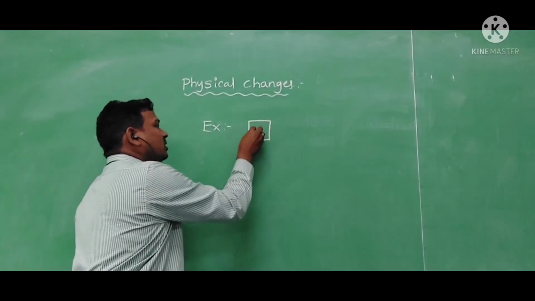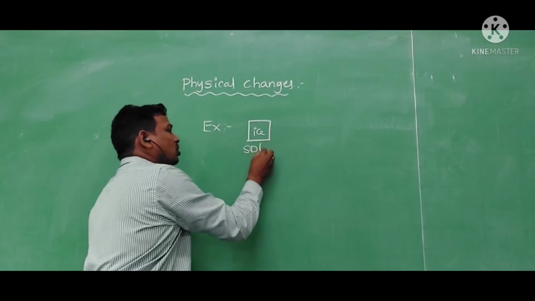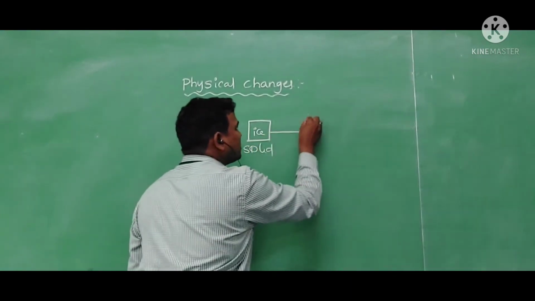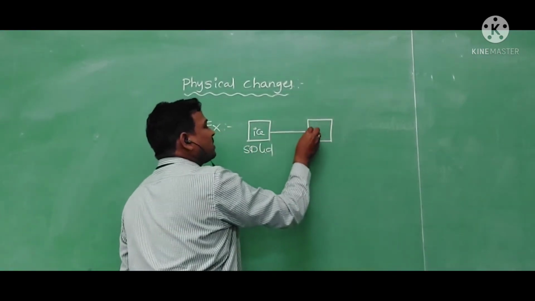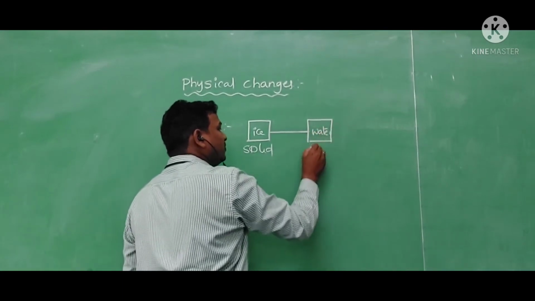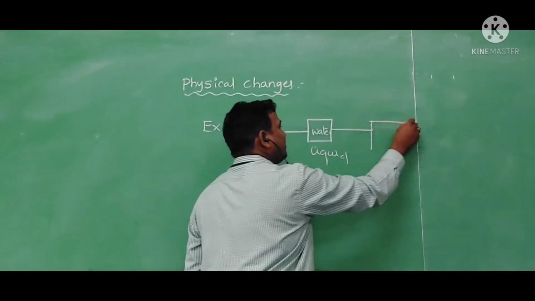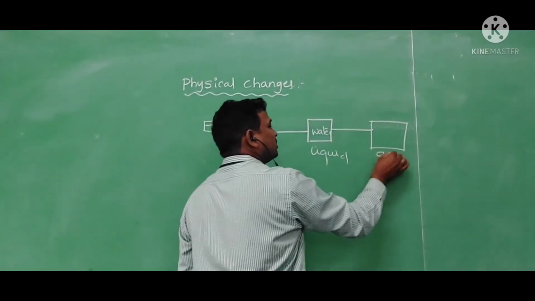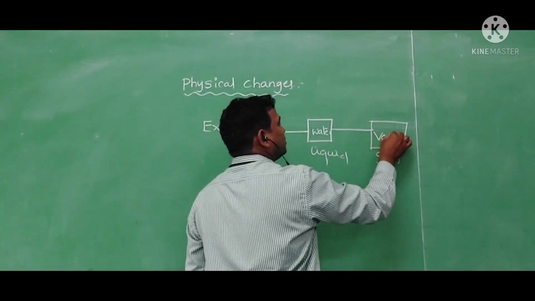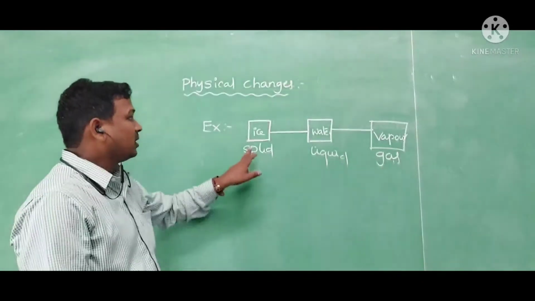Here I am taking ice, which is in the solid state. By giving some heat, this ice will convert into water, which is in the liquid state. Again, by giving some amount of heat, so what is happening here?